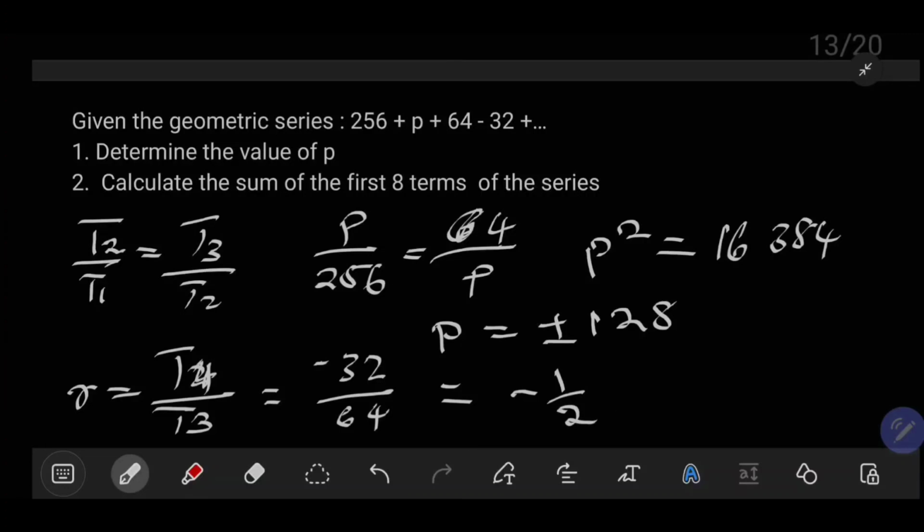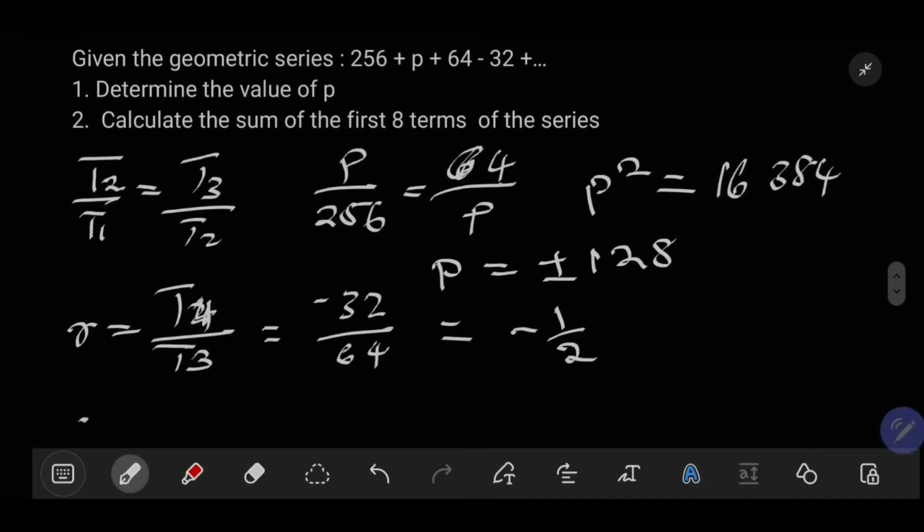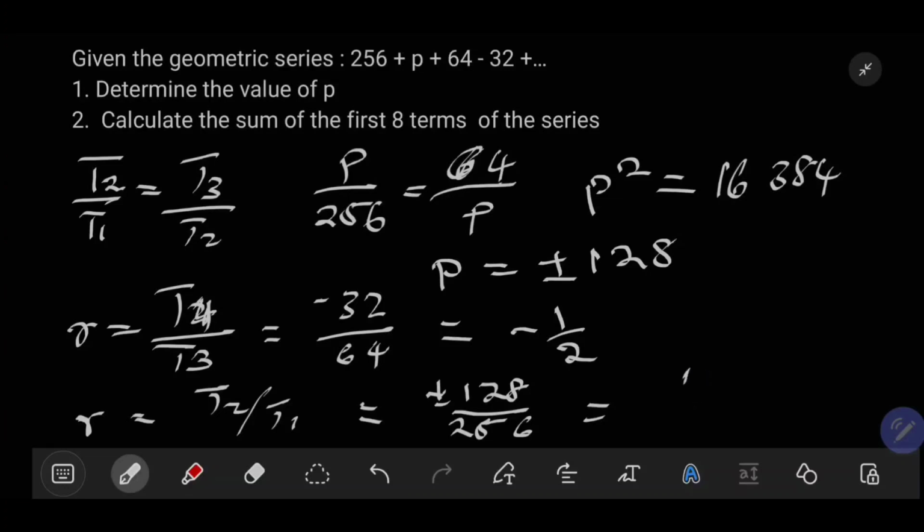Now r is equal to t2 divided by t1, where t2 is p, which is plus or minus 128, divided by 256. We have 1 over 2 if it's positive 128, but if it's negative 128, we have negative 1 over 2.